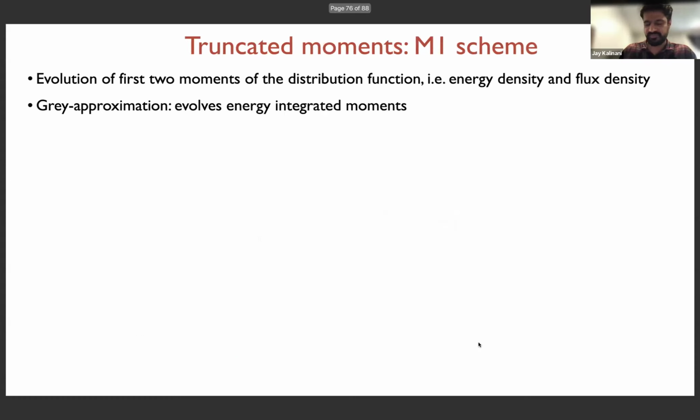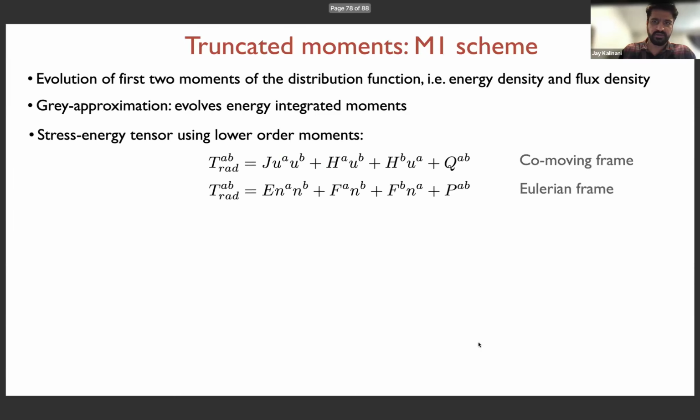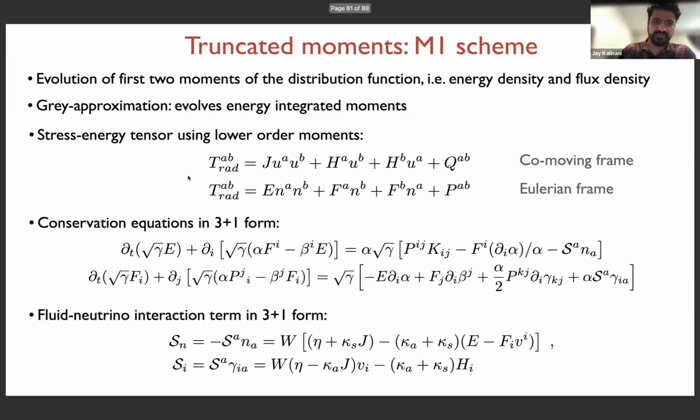Here I just quickly show that we started our work at RIT on M1. This essentially involves evolving conservation equations for the energy density, that's the M0, the first moment, and the second moment for the neutrino fluxes, or flux density. And these are these conservation equations.